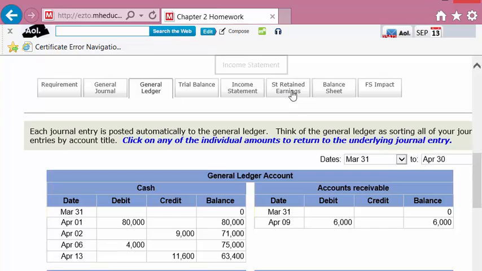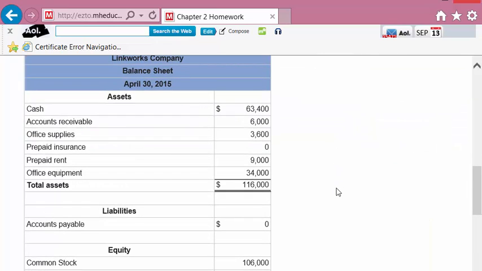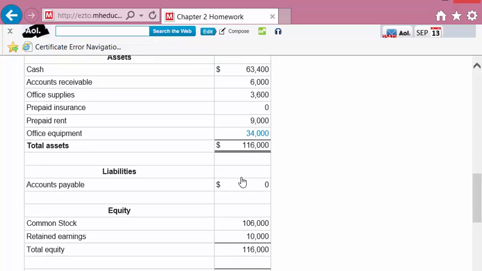See that on the balance sheet. Beautiful. Go ahead and show me on the balance sheet now. And we won't see the detail, but we're going to see that cash is what? 63,400 and accounts payable is 0, isn't it, on the balance sheet? Okay, this is the thought process, guys. Again, it's the arrow slide.